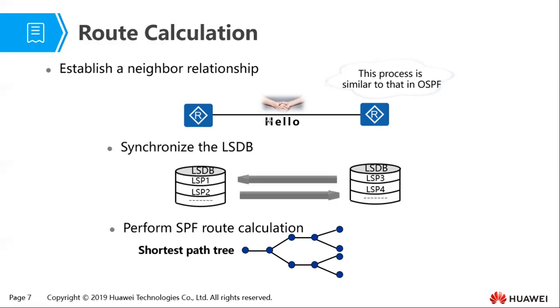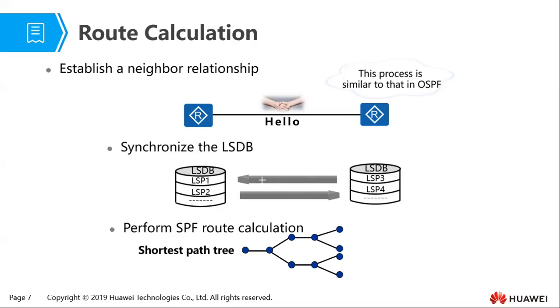The other parameters they exchange during neighbor establishment might include the area ID, the system ID, the IP address, and so on and so forth. This process, again, is very similar to what we learned in OSPF. It is simply exchanging, and we're going to see it in detail in the coming slide, exchanging parameters in order to establish a neighbor relationship.